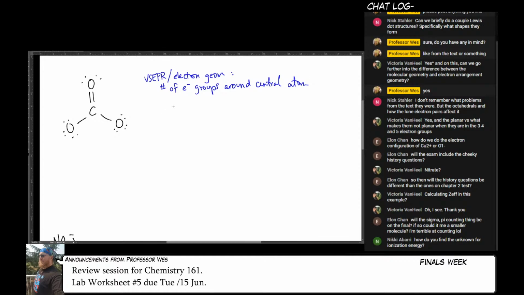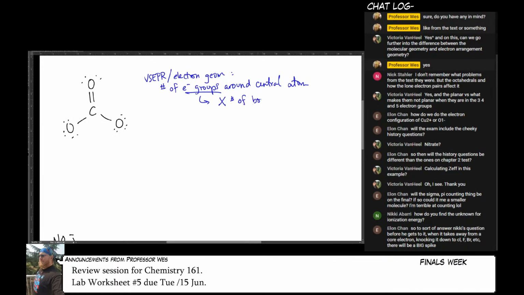Remember that an electron group is either some number of bonds between atoms or an electron pair that is non-bonding.